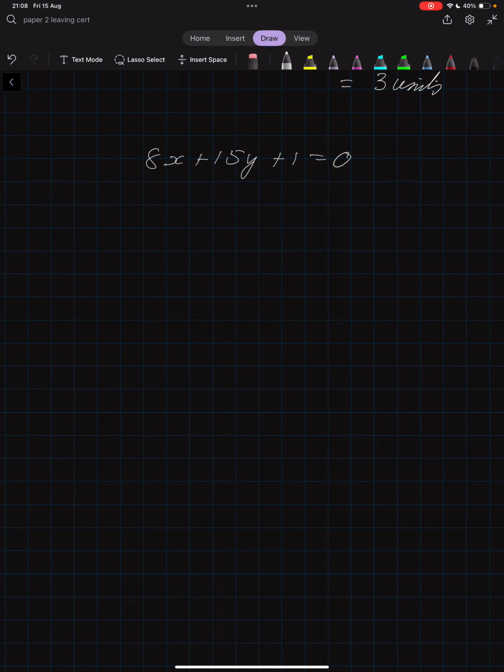So first of all, what is the slope of this line? The slope of this line is going to be y equals minus 8 over 15 x minus 1 over 15. So this is the slope, m. So the slope of our lines are going to be 15 over 8. Remember, you change the sign, you flip it, so you get 15 over 8. So that's the slope of the lines that we're looking for.